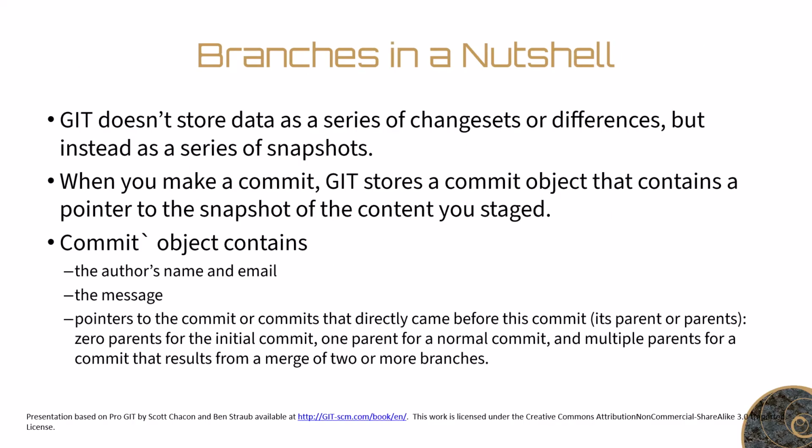So Git doesn't store data as a series of change sets or differences, but instead as a series of snapshots. So when you make a commit, Git stores a commit object that basically contains a pointer to a snapshot of the content you staged. So in a sense, a branch is a pointer to a particular commit.